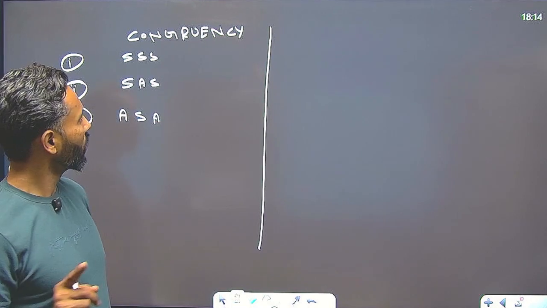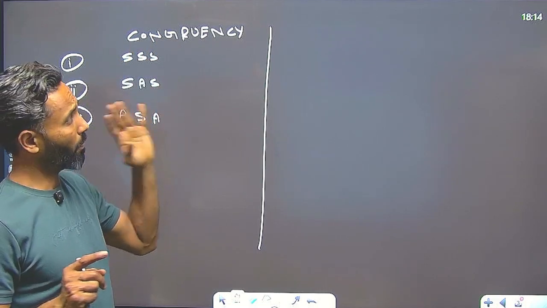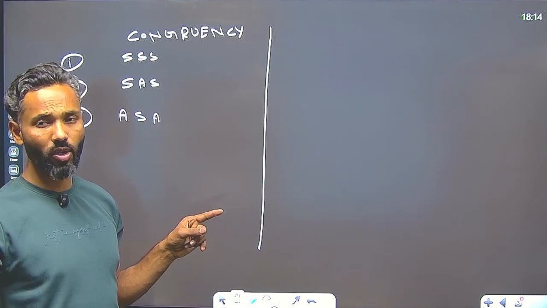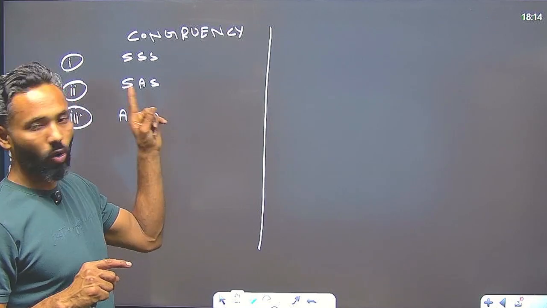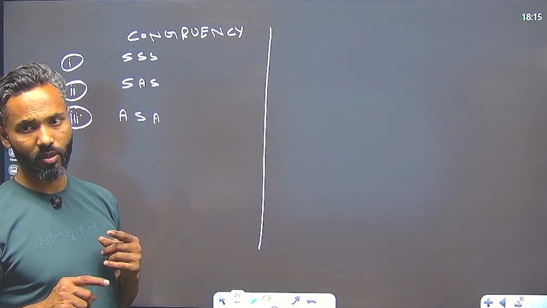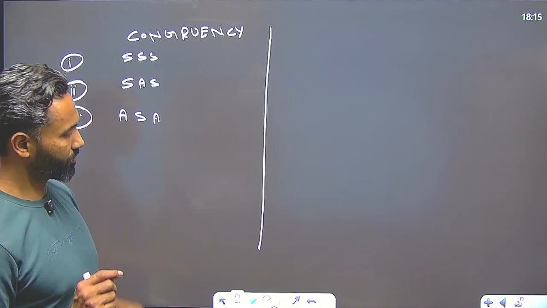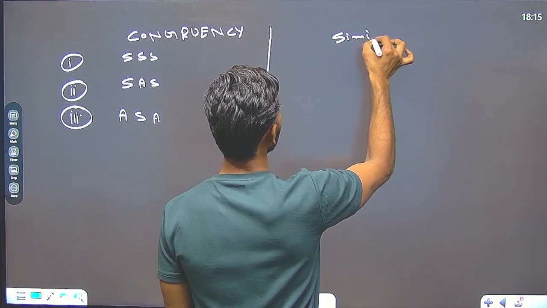Understand that? So these are the three basic conditions of congruency. But these three conditions are automatically applicable on similarity also, because we have understood that a congruent pair will be a pair of similars. So keep this in your mind. But now we will discuss the condition which is applicable only for similarity.